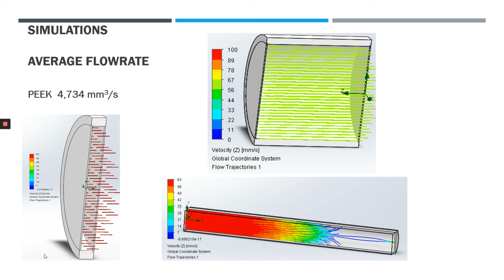On the left, it's the 1 millimeter wide tube. On the top, it's the 10 millimeter wide tube, and on the bottom is the 100 millimeter. All 3 of them have the same velocity of 63 millimeters per second.